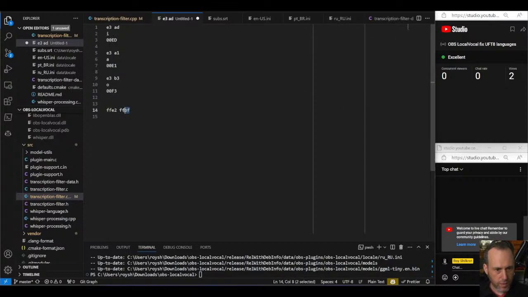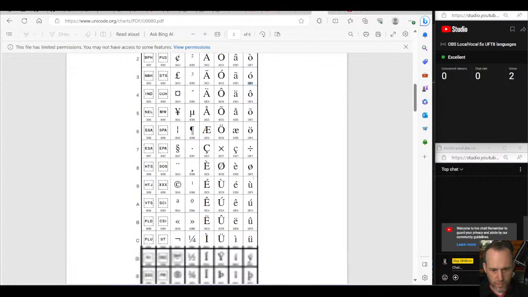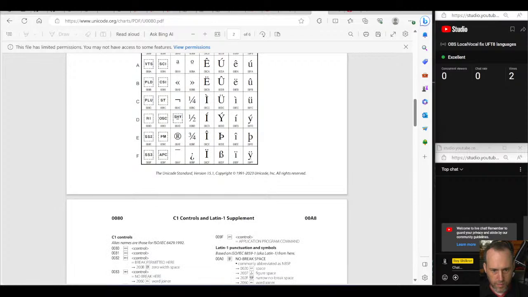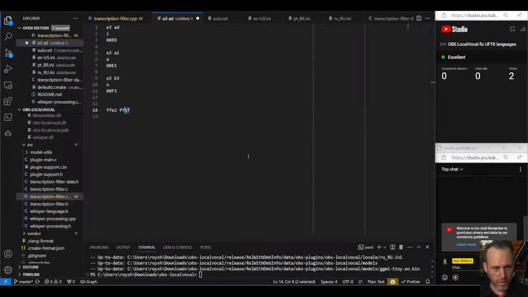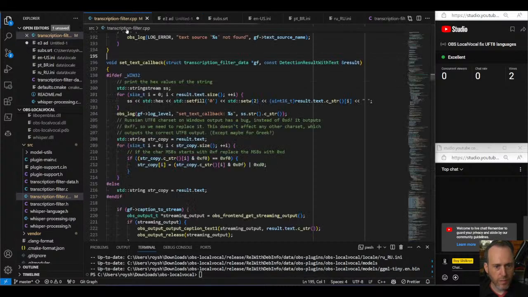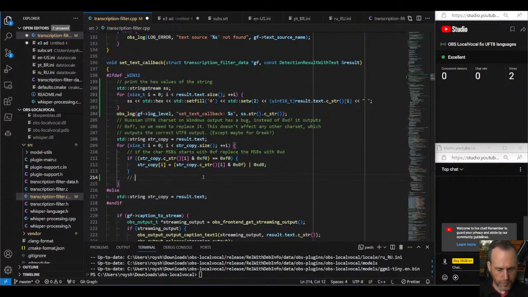We also could know what this thing is. Should be an FF. It's a Y. Okay. Very strange. But this is what we need to do. We need to replace the MSB with an 0D.